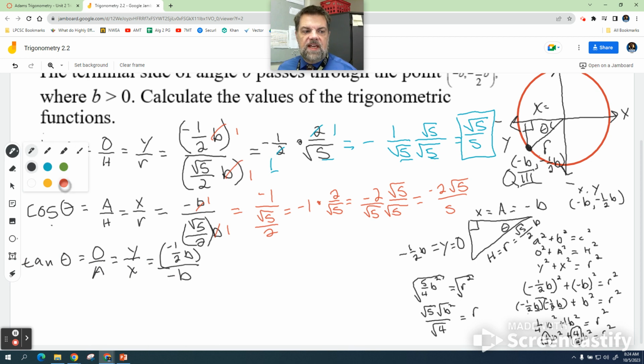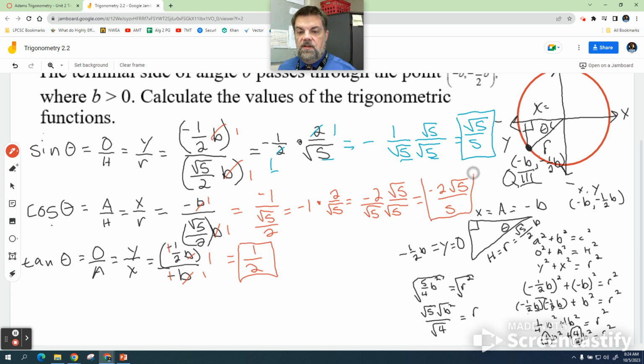The b's will cancel. B divided by b is just 1. And the negatives cancel too, don't they? So I've got negative 1/2 divided by 1, or actually it turns into a positive 1/2. Right? So that's that answer. That's that answer. Now, what's the reciprocal of sine?